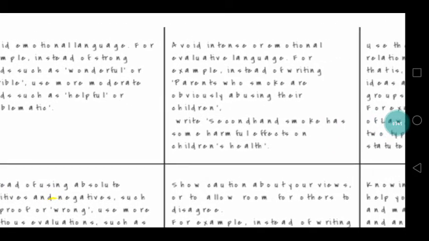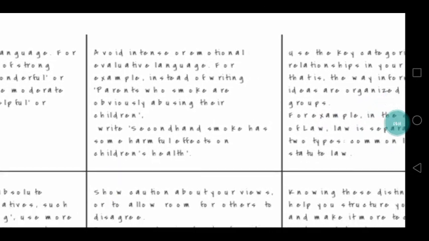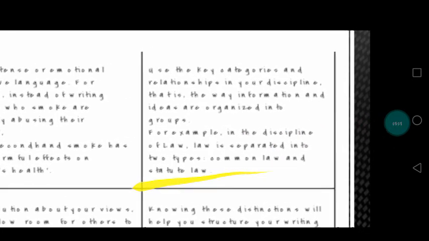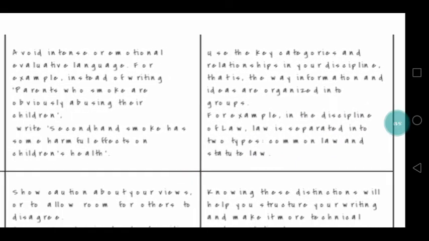Next is for objective. Avoid intense or emotional evaluative language. For example, instead of writing, parents who smoke are obviously abusing their children, write, secondhand smoke has some harmful effects on children's health. For technical, use the key categories and relationships in your discipline, the way information and ideas are organized into groups.